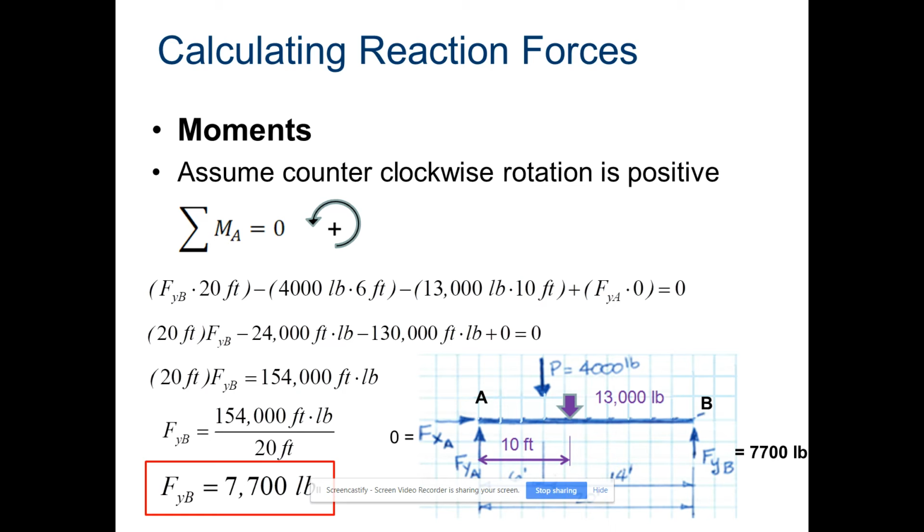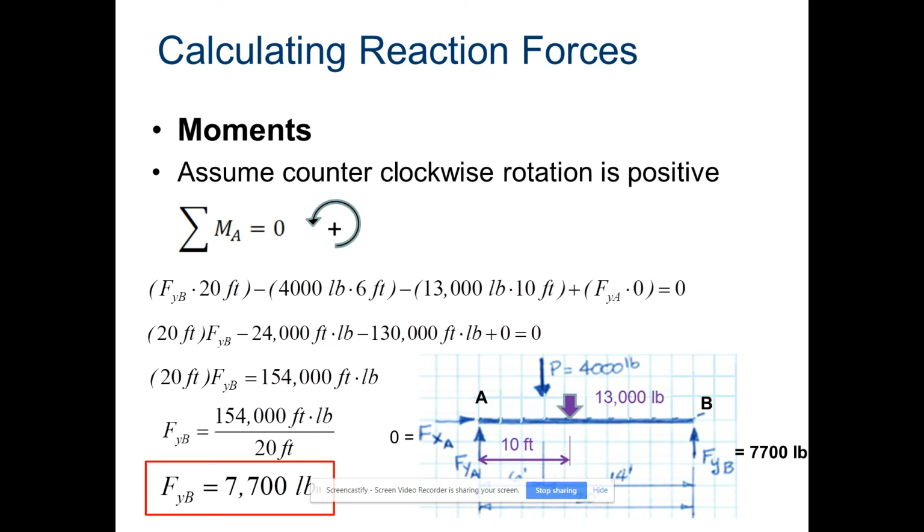So looking around at point A, we have FYB times 20 feet minus the 4,000 pounds times 6 feet, right? That's that concentrated load, minus the equivalent concentrated load of 13,000 pounds times 10 feet.